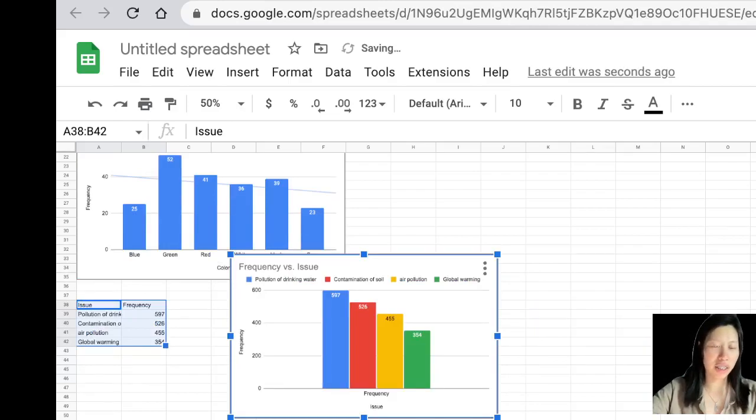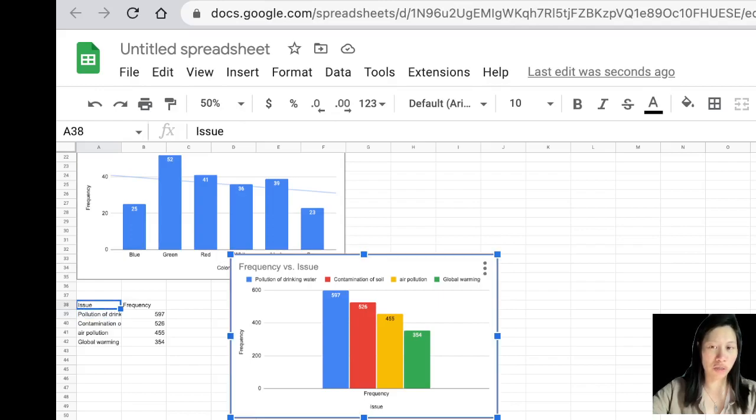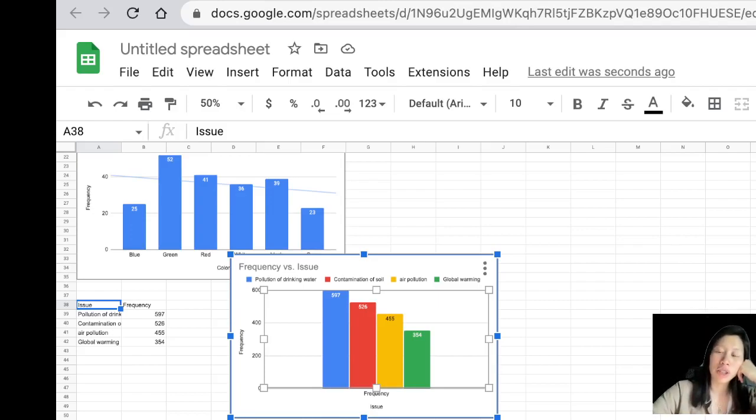Instead of highlighting, we can highlight in this data and do it again, or you can just edit this one, which is the editors, on the right side. And then you can choose setup. Now the setup is column chart, which is our bar chart. They're also called column charts. There are so many charts that you can choose. You can choose a pie chart.